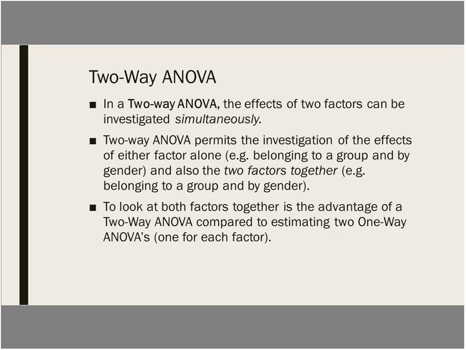I always like to say that in a one-way ANOVA, you might have a bit more variation than you would in a two-way ANOVA. With the two-way ANOVA, you're reducing that variation, and by doing this isolation, you can see what the true effects might be.